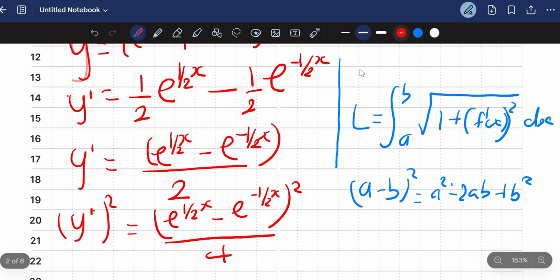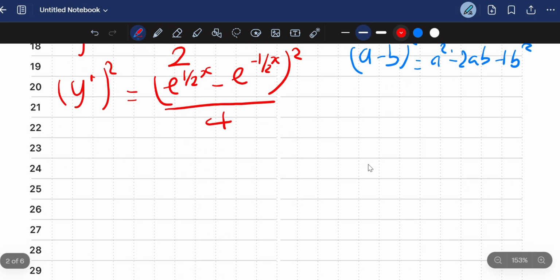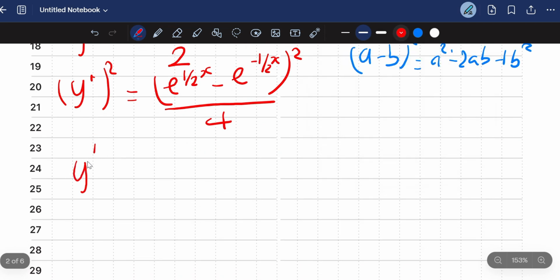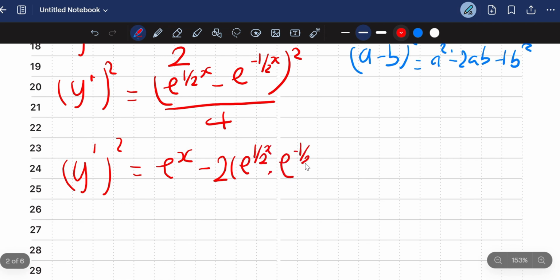So if I do that, y prime all squared is going to be the square of this, that's a squared, which is just going to give me e to the power of x, minus 2 times this multiplied by e to the power of negative half x, plus, it's just going to give me e to the power of negative x, all divided by 4.